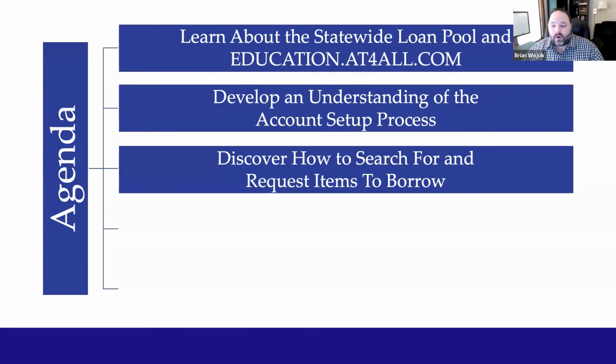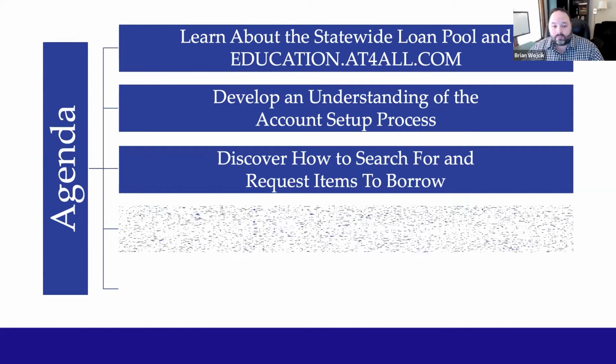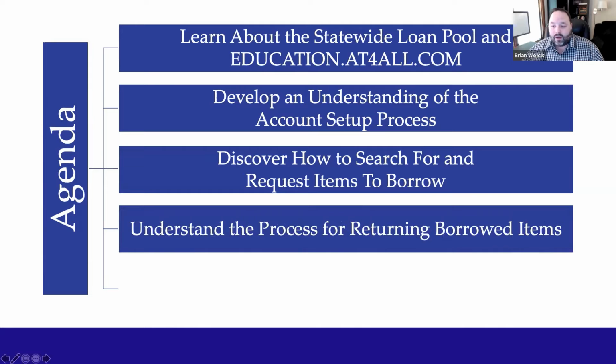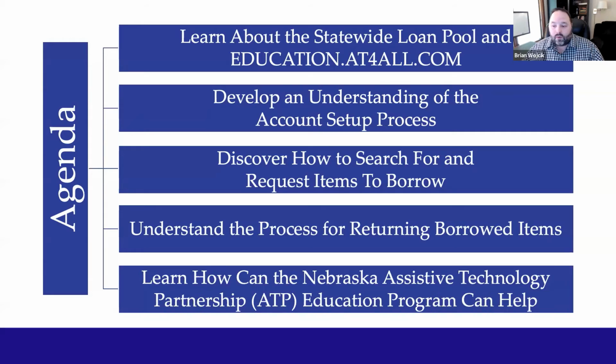Then, we will learn how to search for assistive technology tools and systems on education.atforall.com and make a request to borrow them from the loan pool. In the next area, we will develop our understanding of what is expected when borrowing and returning items to the loan pool safely. Finally, we will learn how the ATP Education Program can help IEP and IFSP team members provide quality assistive technology services to students receiving special education.